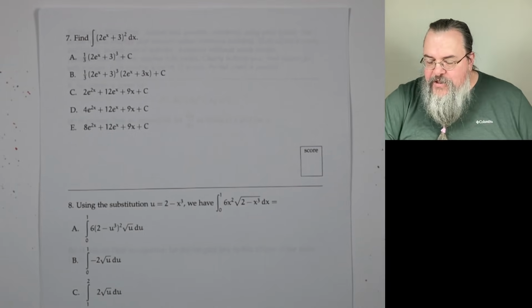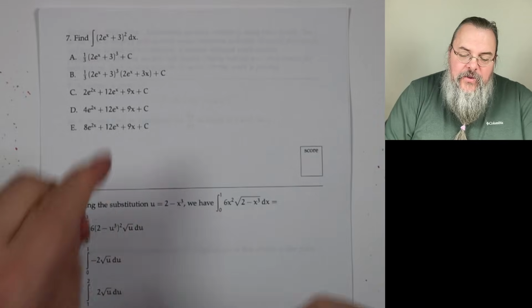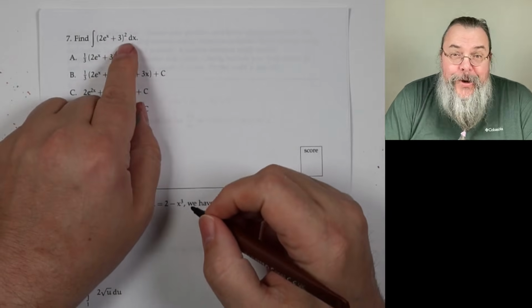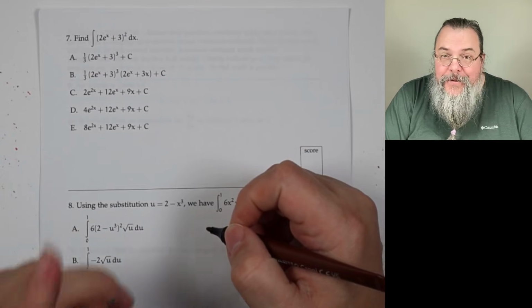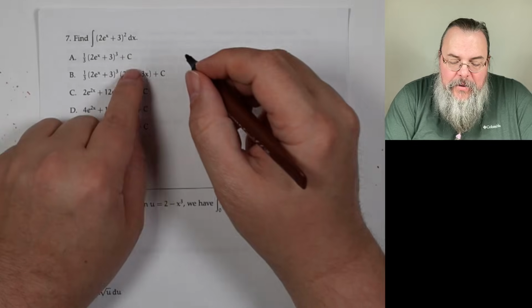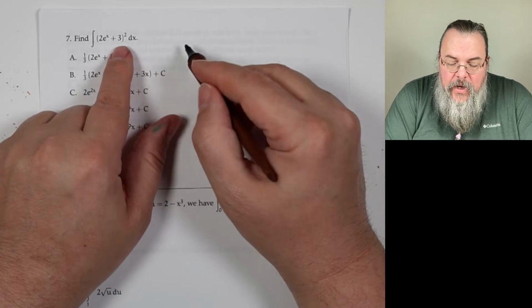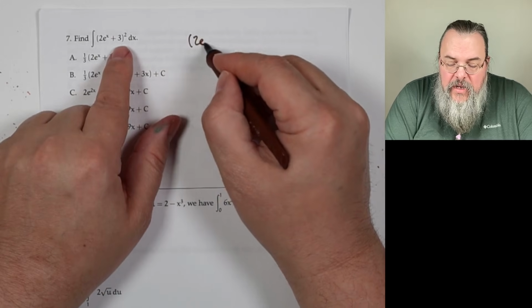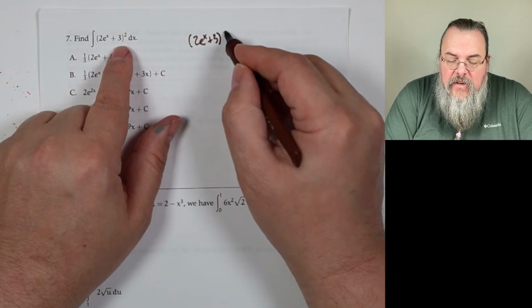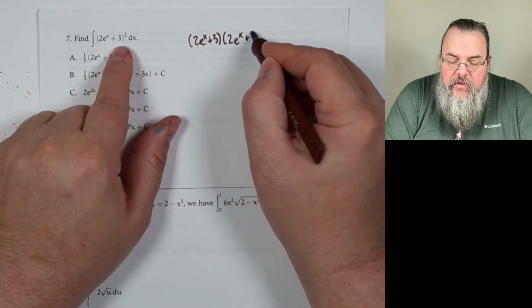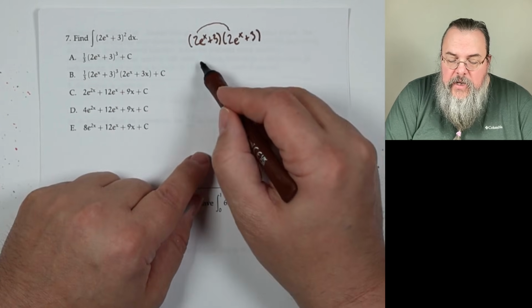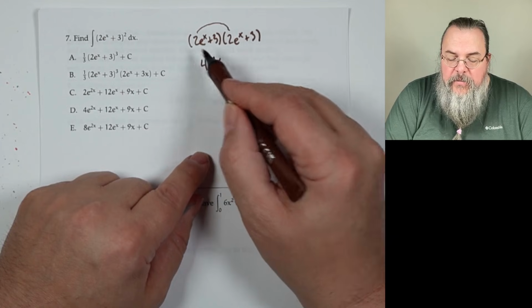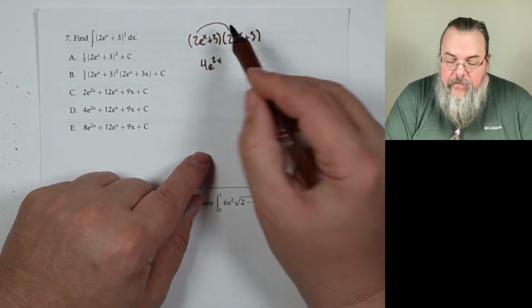Now, what's our algebra here? You see that square? We're going to square it. And we're going to do it carefully. So what do I mean by we're going to do it carefully? Well, let's take 2e to the x plus 3 times 2e to the x plus 3. So we get 4e to the 2x. That's what happens when you multiply 2e to the x times 2e to the x.